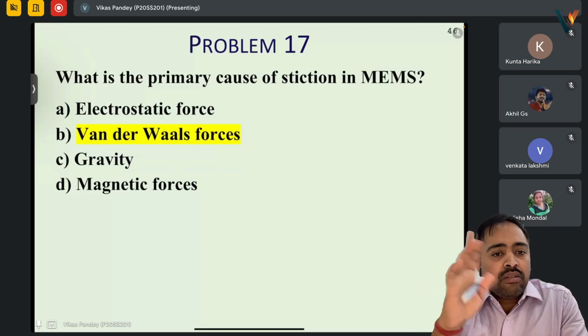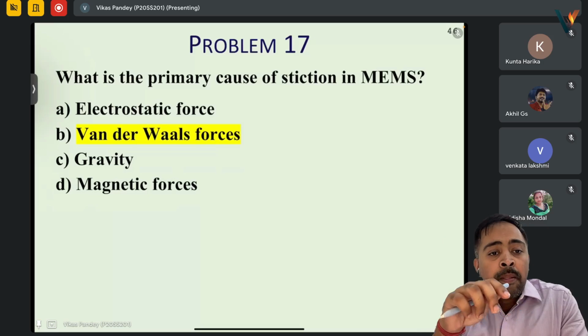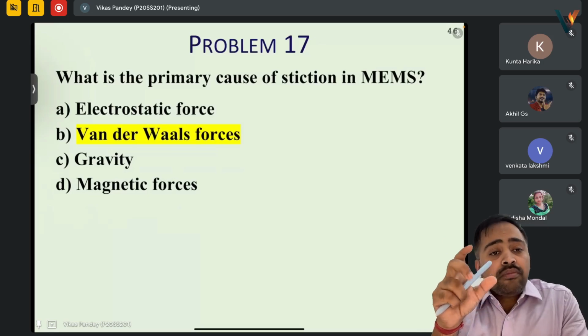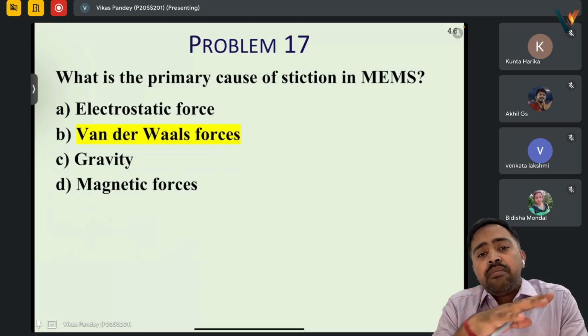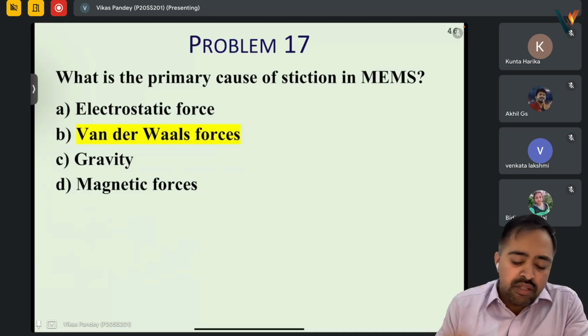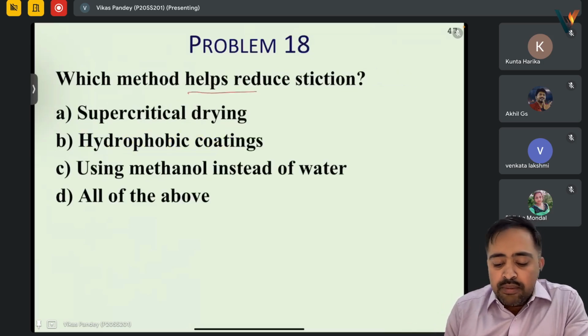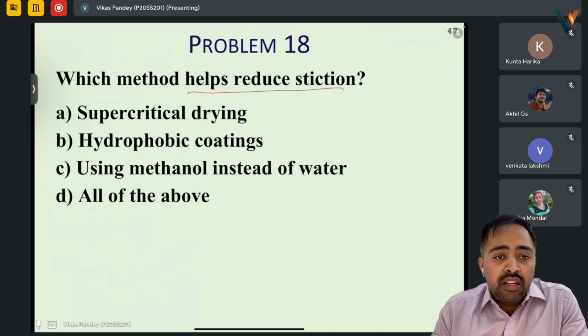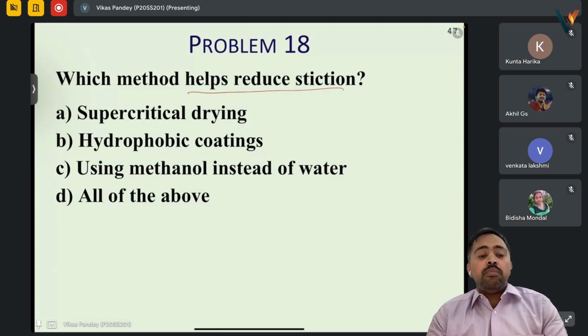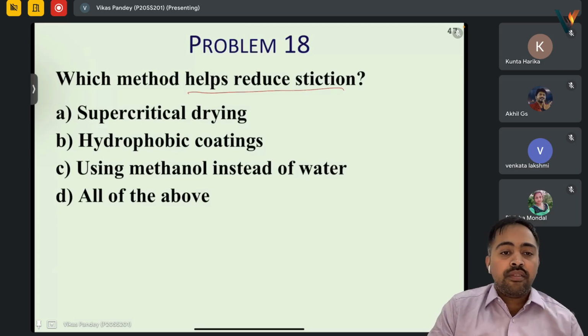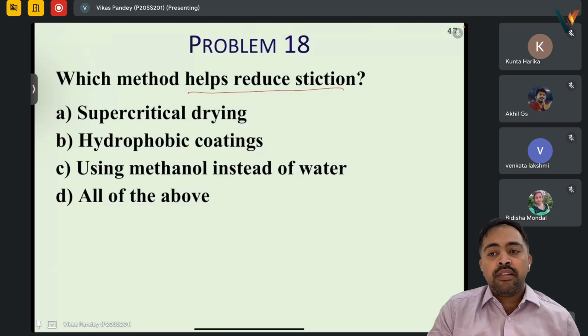Electricity and ferromagnetism are being explored a lot, but they are still not present that much in MEMS devices. Which method helps reduce stiction? Supercritical drying, hydrophobic coating, using methanol instead of water, all of the above. Yes, anyone?